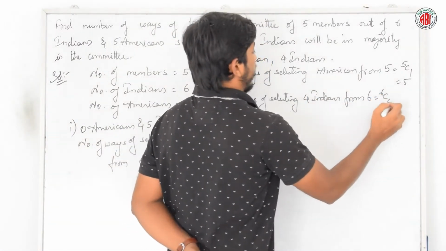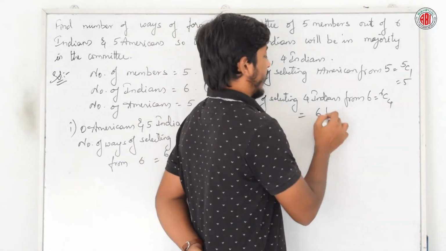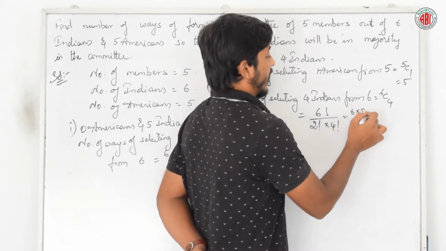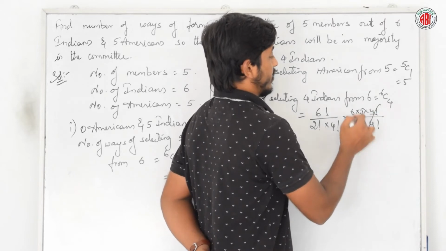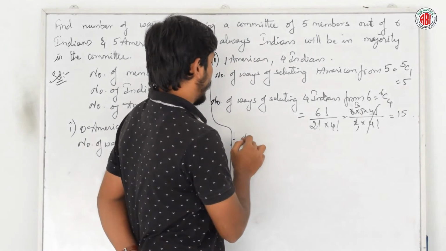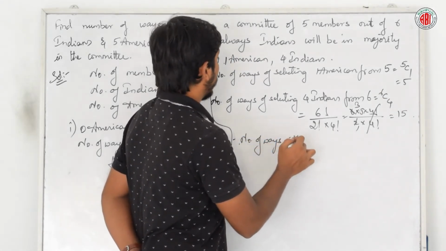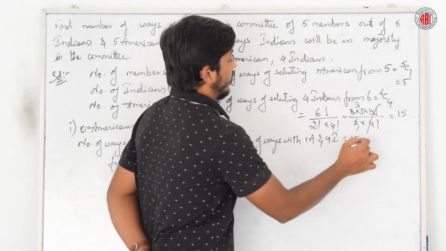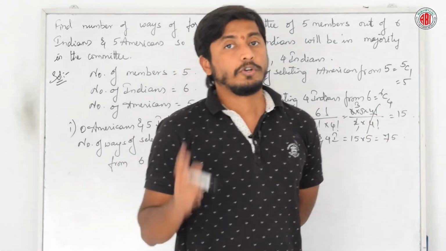It is 6C4. What is the formula? That is 6 factorial by 2 factorial into 4 factorial. 6, 5, 4 factorial by 2 into 4 factorial. These both will get cancelled. 2 ones are 2, 3s are 15. Therefore, number of ways with 1 American and 4 Indians is 15 into 5, that is 75. Yes or no?